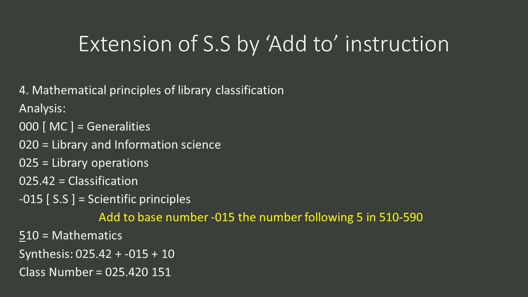Under library operations there are many types of operations: housekeeping operations, book selection, classification, cataloging, reference services, and all those operations are under 025. So the notation of library classification is 025.42.